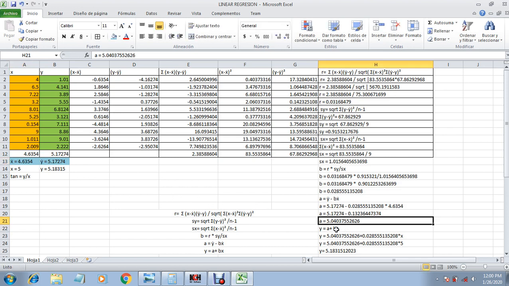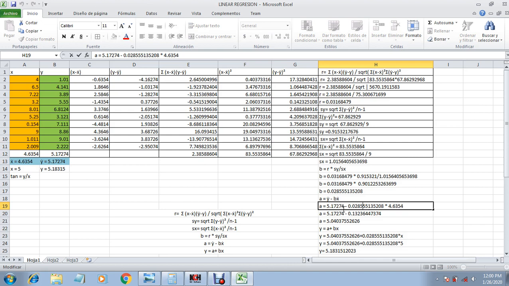And then when we get these values, we operate over them. At first we multiply the b by the mean of x to get this value.